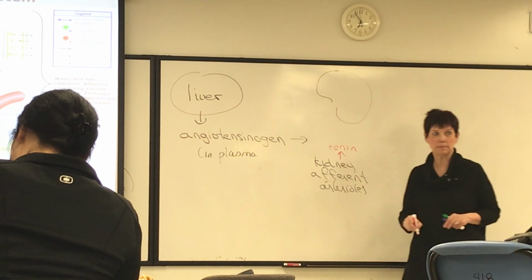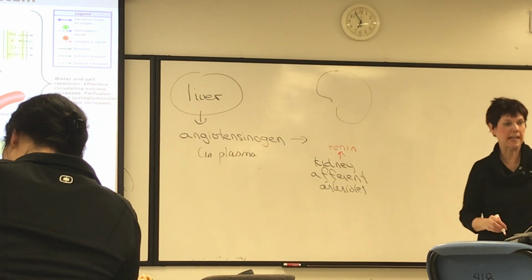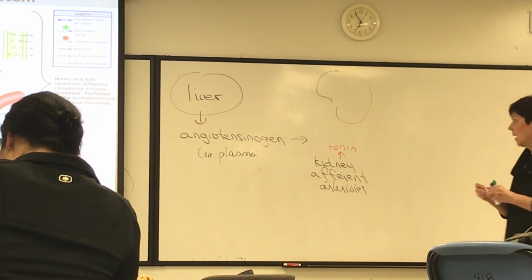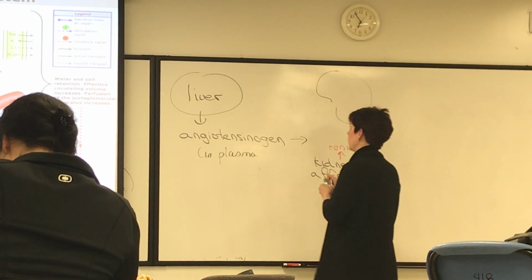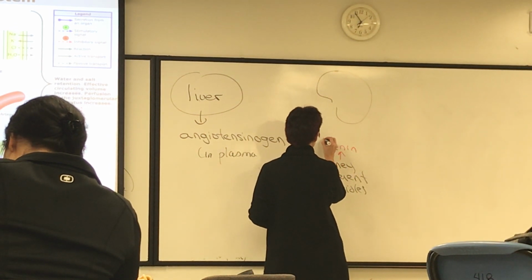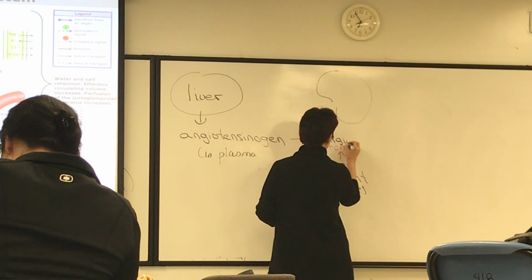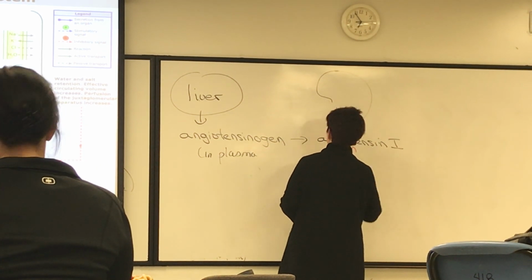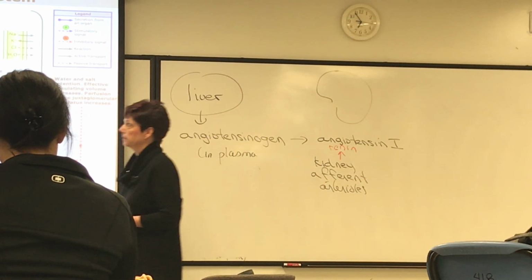Renin is not a hormone, okay? If you read that it is, it's incorrect. Renin is an enzyme. And the effect of renin is to convert angiotensinogen to angiotensin 1. Okay?